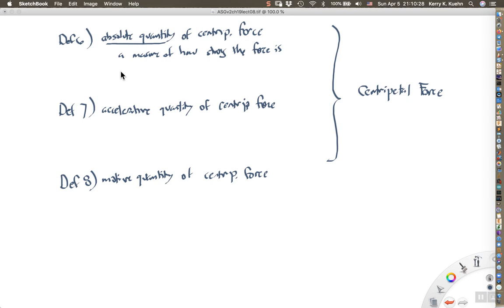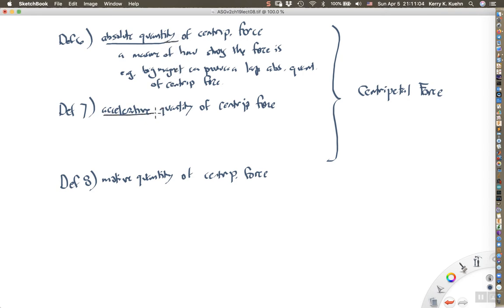For example, the example he gives is if you have a big magnet, it can produce a stronger absolute quantity of centripetal force than a small magnet. So a big magnet, which is acting on another magnet, let's say, can produce a large absolute quantity of centripetal force. So whenever he uses this term, he's talking about how strong that force is.